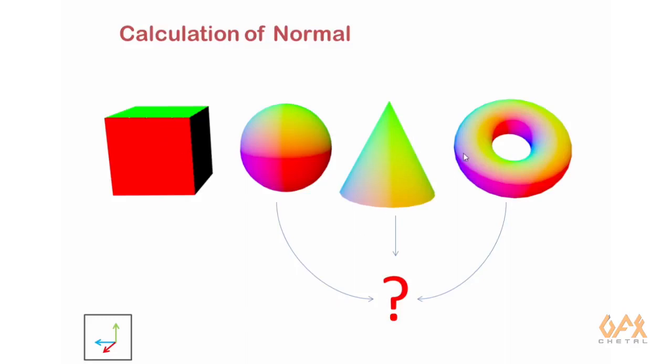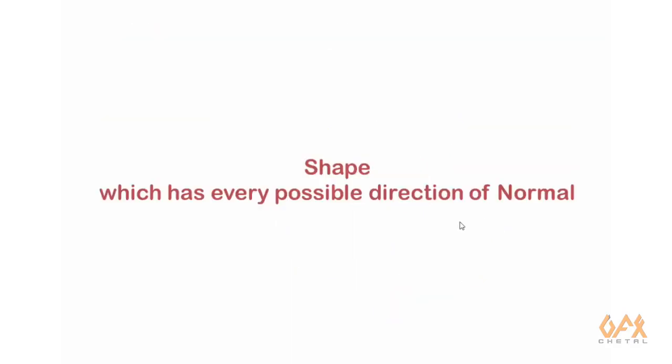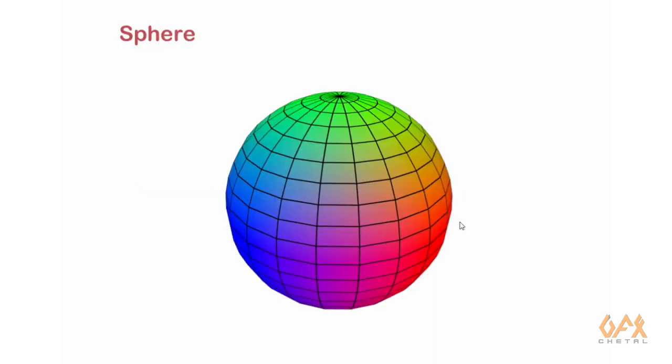How is this information stored? First of all, which shape has every possible direction of normal? The answer is very simple: a sphere, because a sphere has every possible direction of normals.